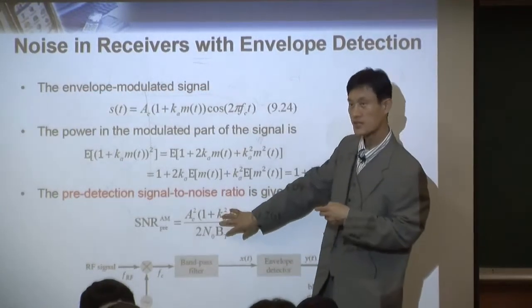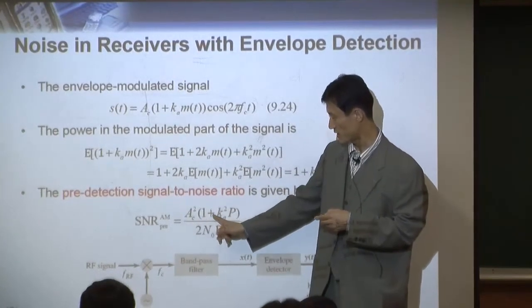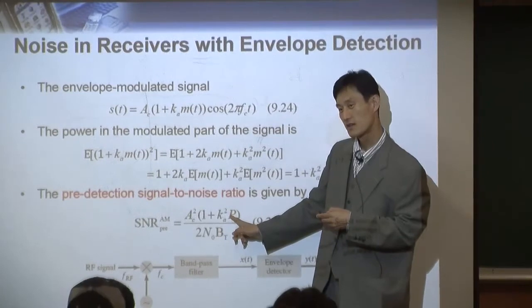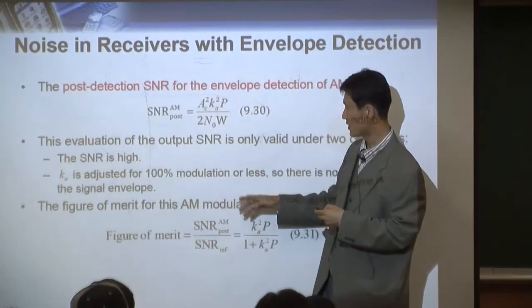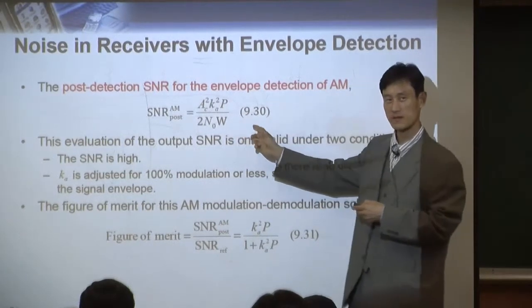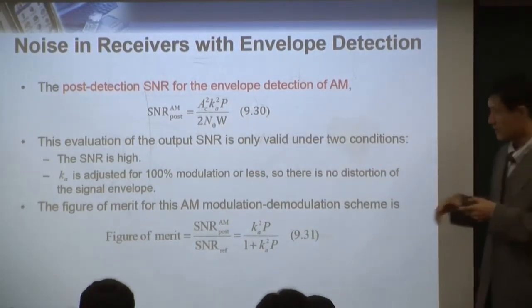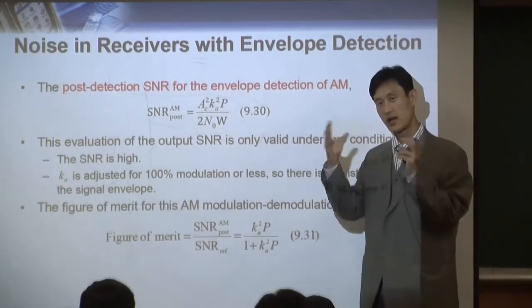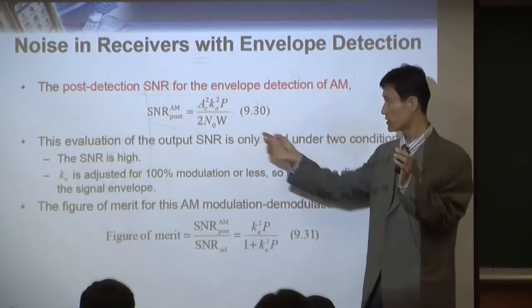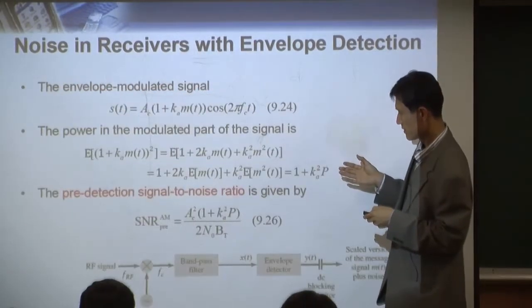This is our pre-detection SNR. In the pre-detection SNR, you have 1 plus Ka square P. But in post-detection, you have this, right? So what does that mean? That means pre-detection SNR is large, post-detection SNR is a little bit small, right? Is that correct?